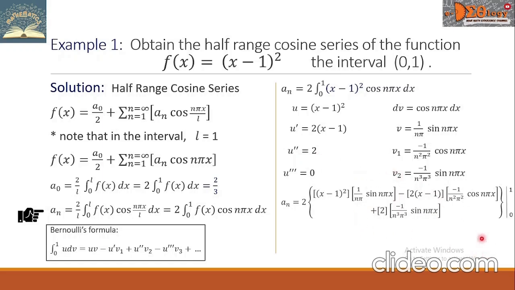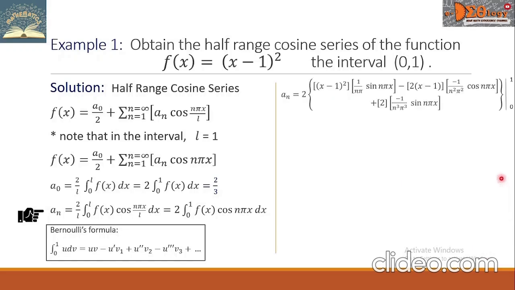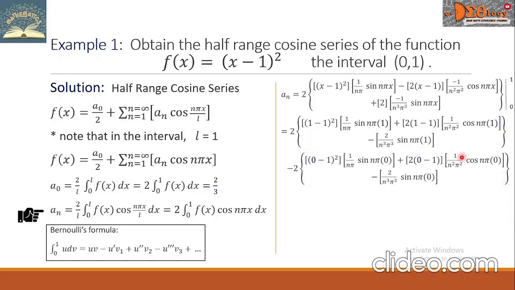Then we evaluate this with respect to the limits from 0 to 1. We have now these two big groups. We're going to simplify with respect to our standard result, that sine n pi equals 0.